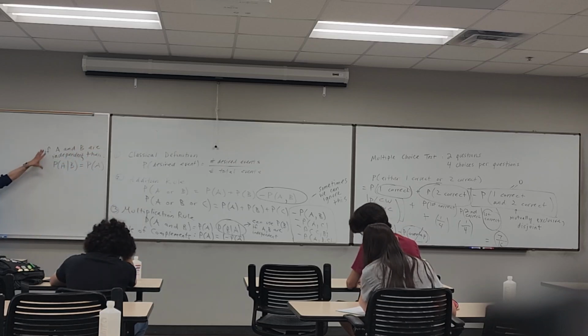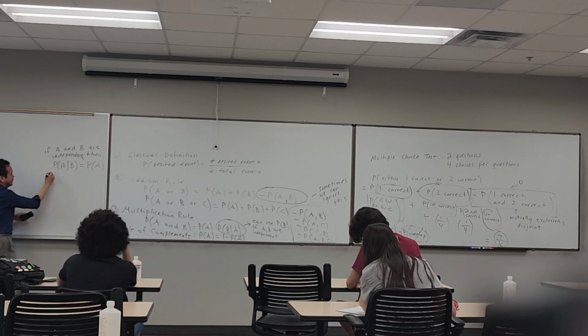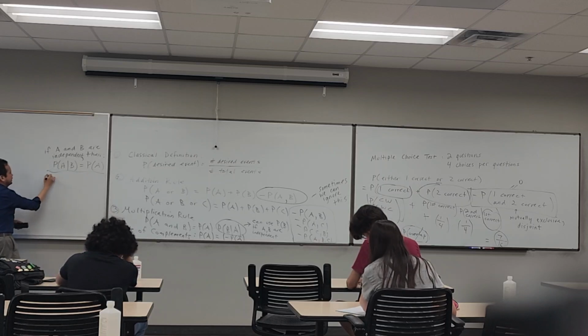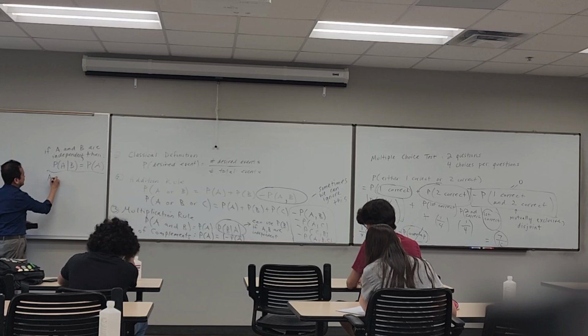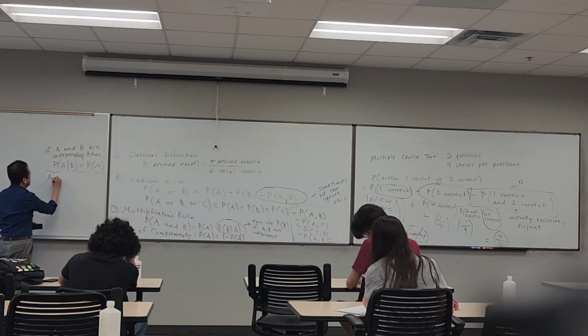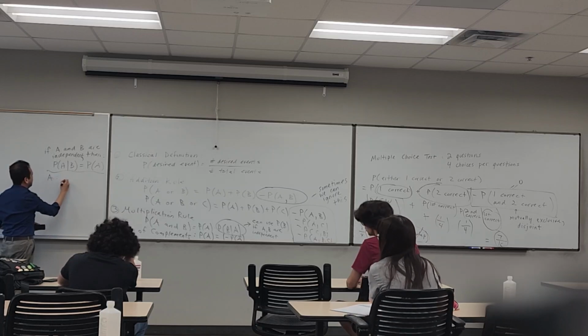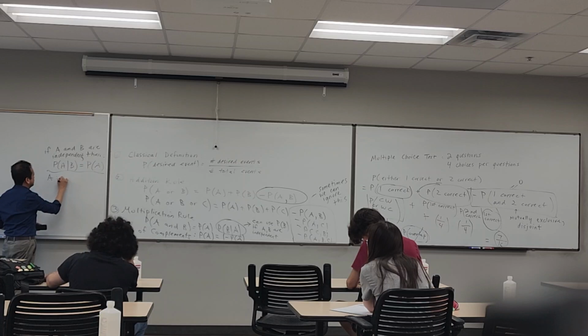All right, so this is very abstract right now, but let me use a concrete example. Let's say that event A is that there are people at the beach.